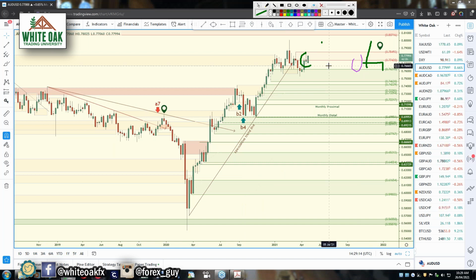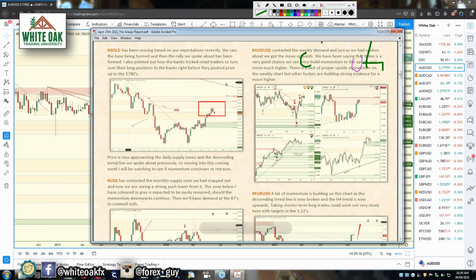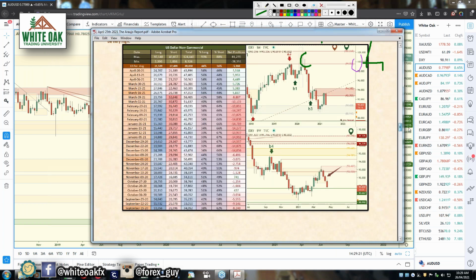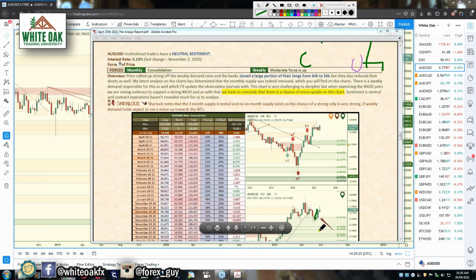So if we go to the Aussie, it'd be too early to tell, but it was this tall candle here that represented this data, and they were not adding longs. But in the next CFTC data, we could see that this candle was an accumulation of long positions, based on what I'm seeing here.